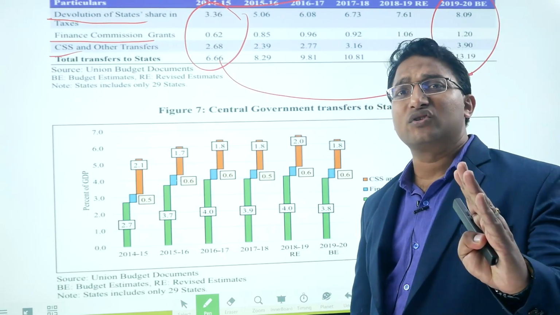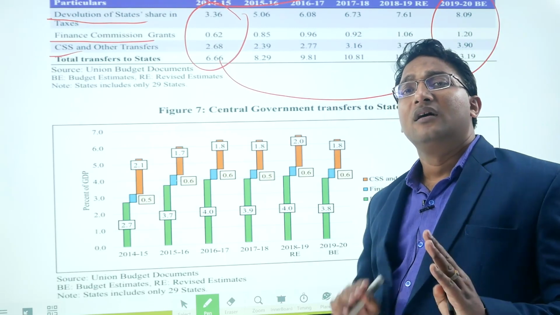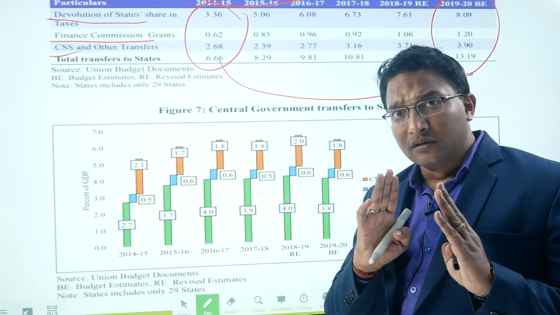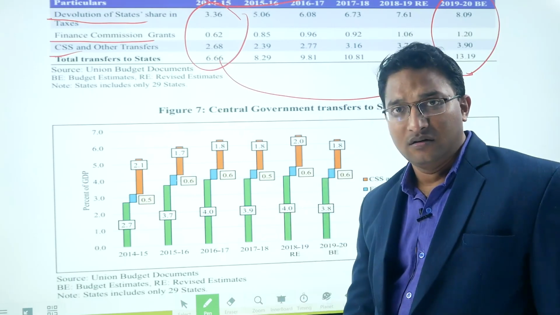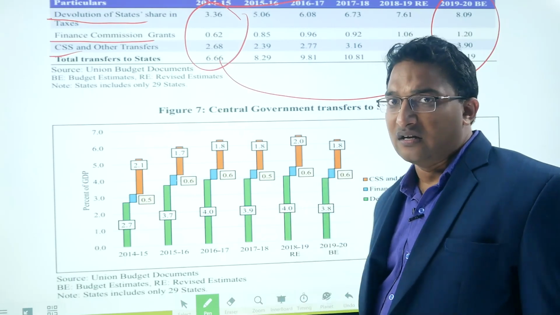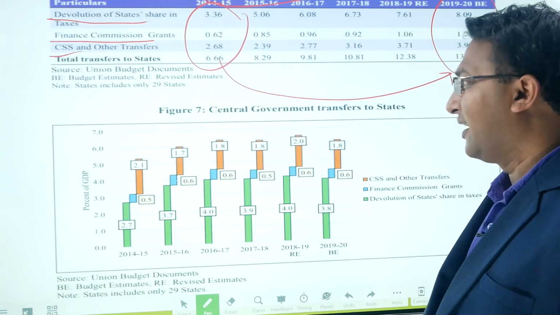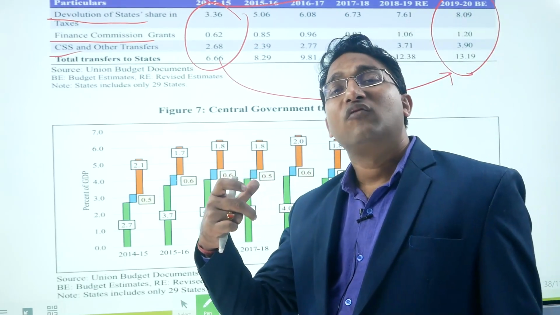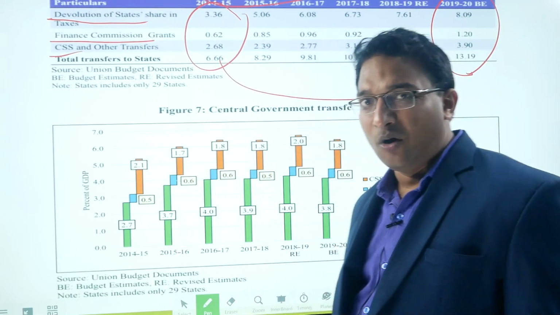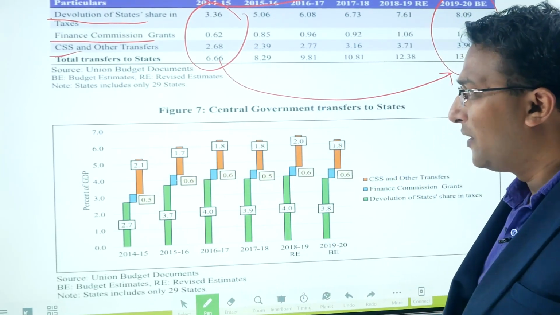The 14th Finance Commission recommended a sudden jump of 10% in transfers to the state governments, right? So from 32% earlier, now 42% is the amount to be transferred by the central government to the state government.